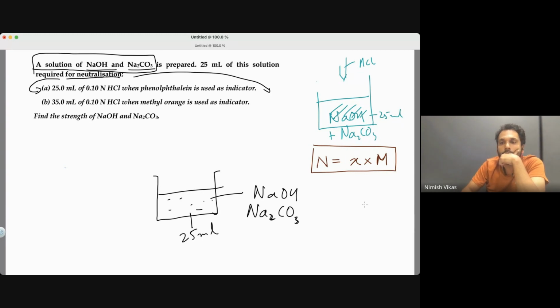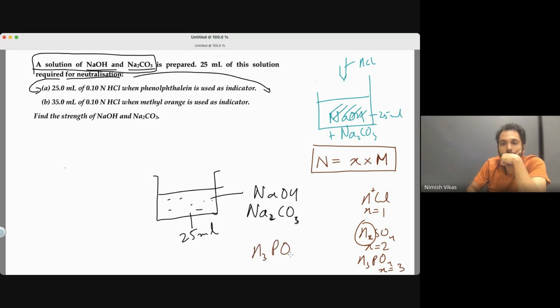Like HCl, X factor is 1 because it has 1 H plus. H2SO4, X factor is 2 because it has 2 H pluses. H3PO4, X factor is 3 because it has 3 H pluses.